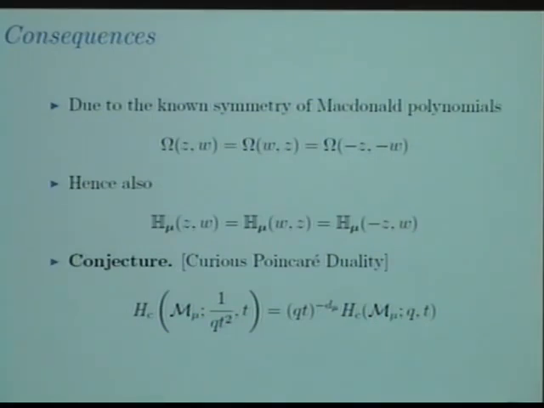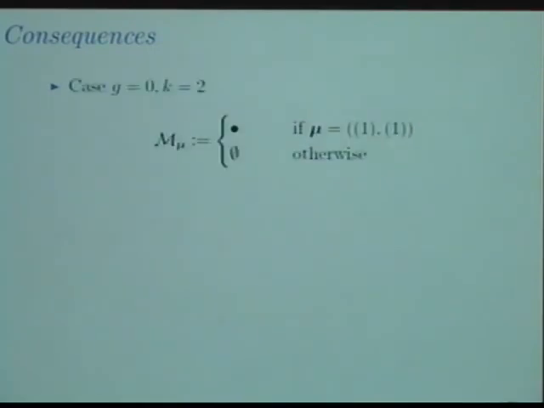This will be exactly Poincare duality for a variety that was smooth and projective. So what this suggests is that the varieties M mu hat satisfy Poincare duality even though they're not projective. They're not compact. Okay, so it's far from clear why that should be the case.